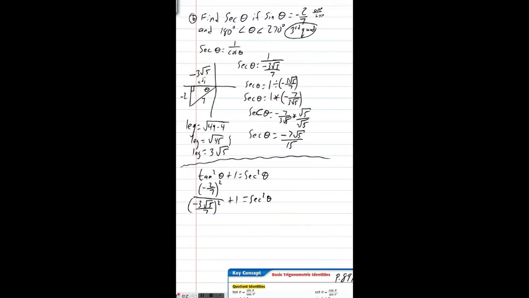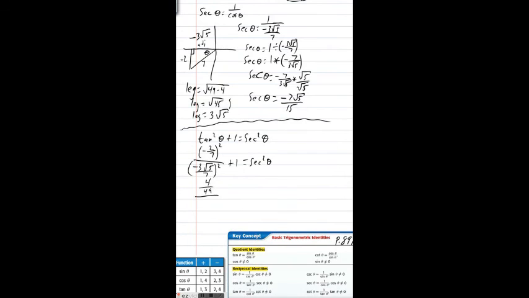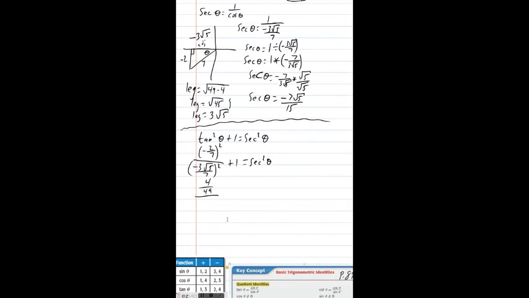So up here I have 4 over 49 divided by, doing some mental math, 3 squared is 9, 9 times 5 gives me 45 over 7 squared, which is 49. And again, think about what happens when you divide by a fraction.